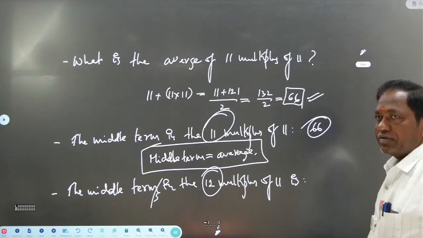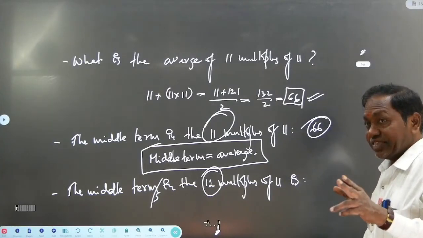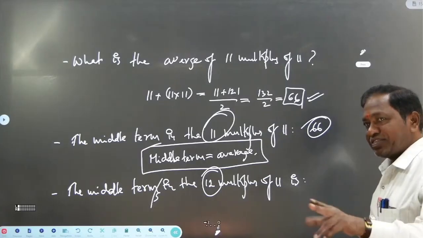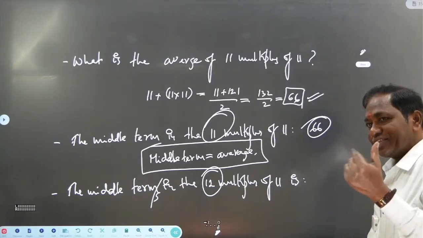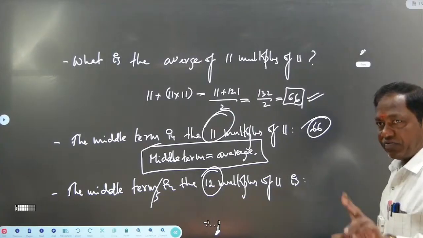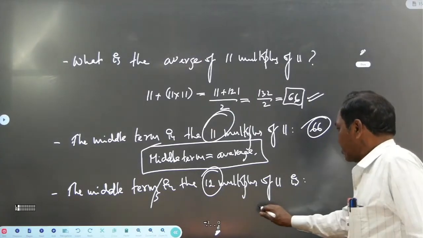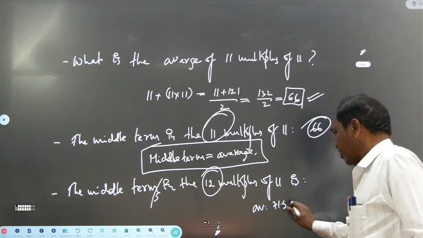71 and 72 are consecutive numbers, but here there should be a difference of 11. So now the average is 71.5.